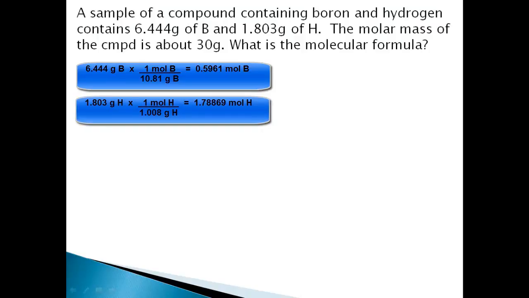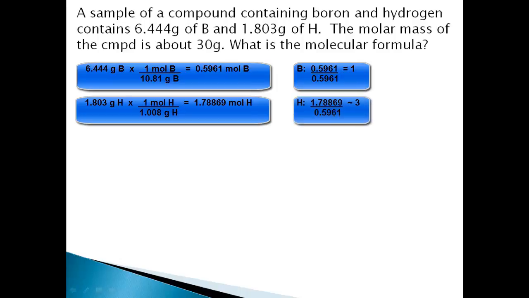If I do that, I get 0.5961 moles of boron and 1.78869 moles of hydrogen. I'm in moles of all of the elements now. So obviously the 0.5961 is the smallest one, so we're going to have 1 B, right? Because 0.5961 divided by 0.5961 is 1.